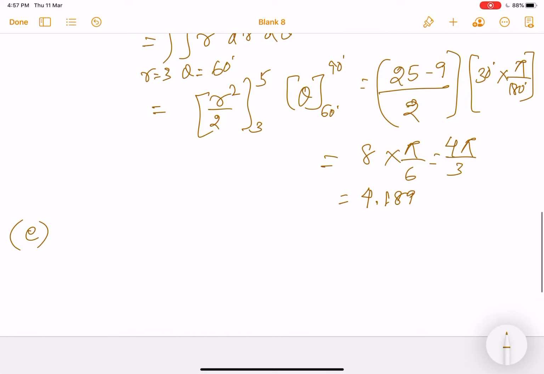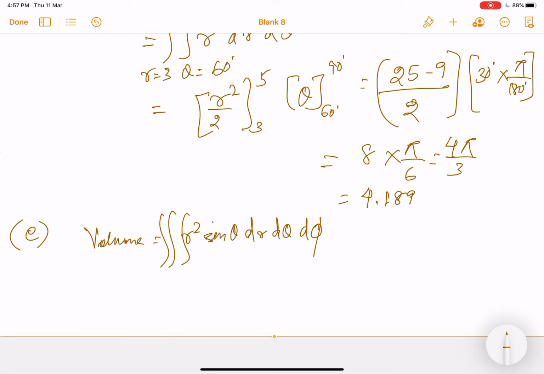We know r varies from 3 to 5, theta varies from 60 to 90 degrees, and phi varies from 45 degrees to 60 degrees.